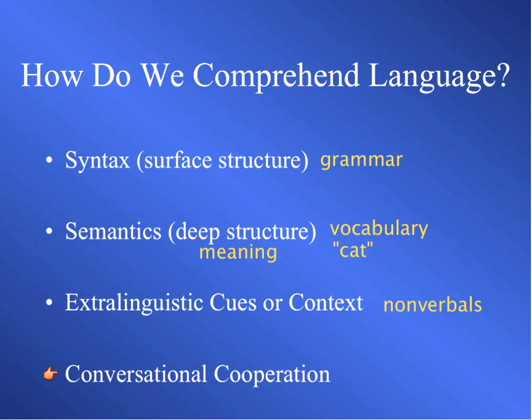And then finally, conversational cooperation. And this refers to the common shared rules that we have regarding taking turns. Okay? When we take turns in a conversation, how do we let the other person know that we're done talking and it's their turn to talk? What do we typically do?